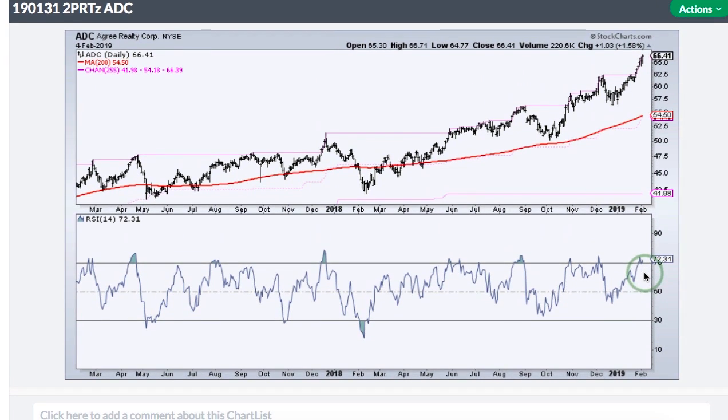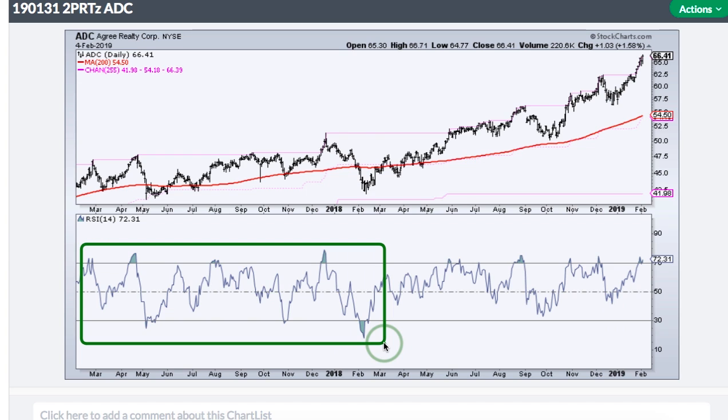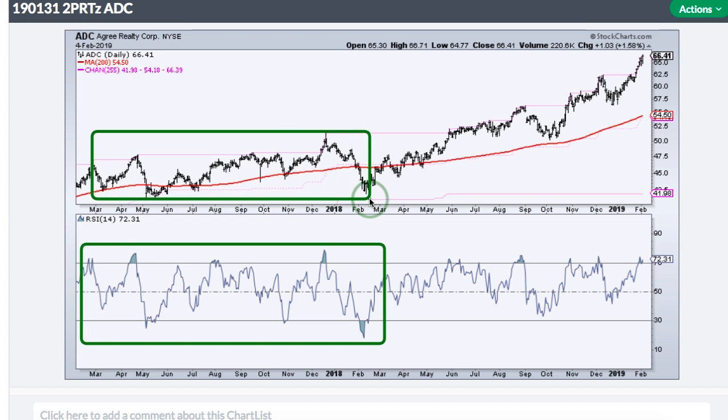Now, this next one shows ADC Realty Corp, and it is switching from a bearish range or a volatile range to a bullish range. Because you can see during this period, RSI was above 70 several times and below 30. And the price was accordingly not moving.